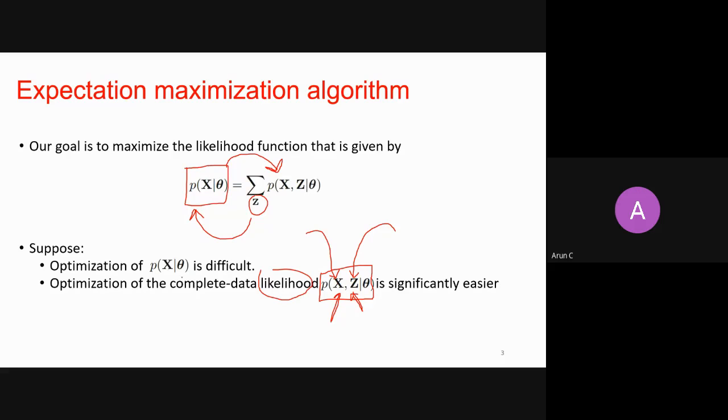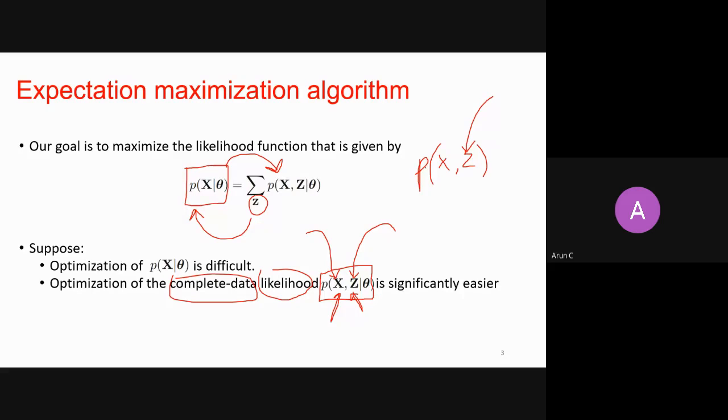I know everything in it. But if you know the value of only x and not z, then this same distribution, probability of x comma z, you can say is an incomplete data log likelihood or incomplete data likelihood function. So incomplete is when you don't know the value of z.